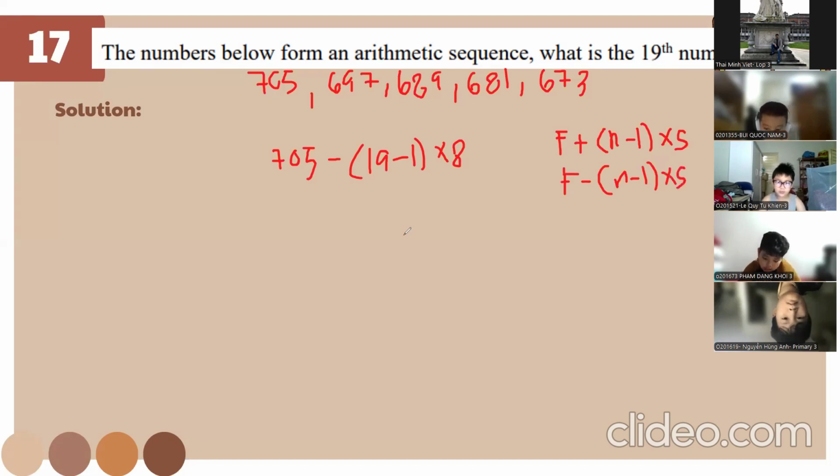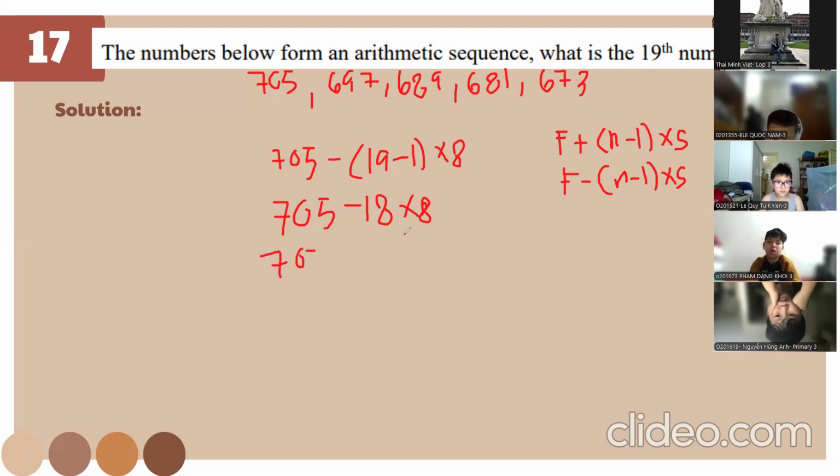Okay? So what we have here is 705 minus 19, so we have here minus 18 times 8. And by using PEMDAS, we'll have 705 minus 144.